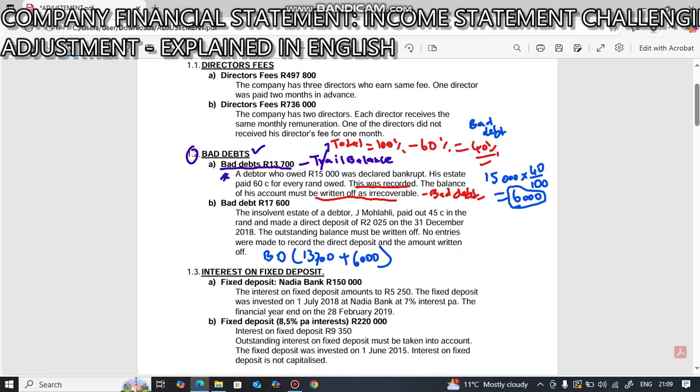So once you do this, we are done. It's going to give us the correct total expense of the bad debt that's supposed to appear in the statement of comprehensive income. I'm going to say 13,700 plus 6,000. So this is 19,700. We are done. So this is the total expense of the bad debt for this financial year period.